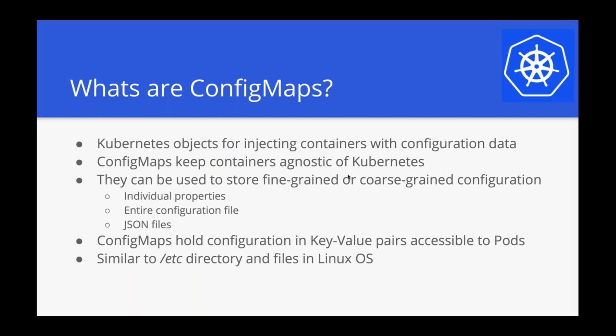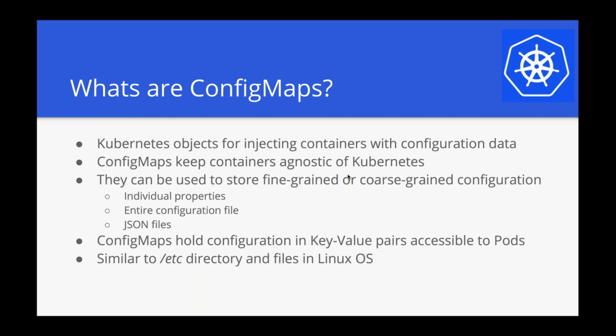running the actual applications. It can also be JSON files, as I mentioned earlier, but it doesn't matter how you're actually feeding, but config maps are basically holding key value pairs that are accessed by the pods at runtime.